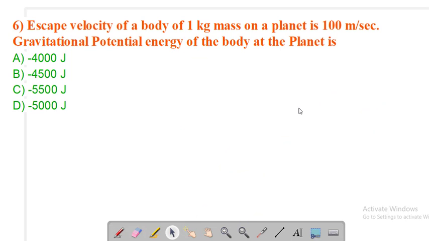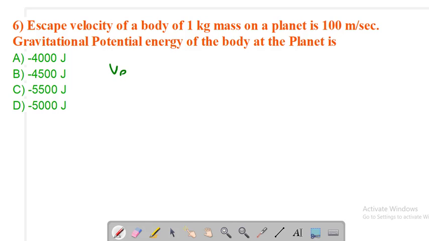Next is question number 6. Escape velocity of a body of mass 1 kilogram on a planet is 100 meter per second. Gravitational potential energy of the body at the planet is. So we are given the mass of the body as 1 kilogram and the escape velocity. Let us write the escape velocity expression.